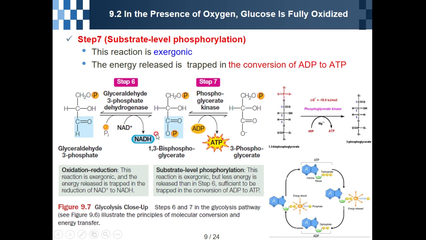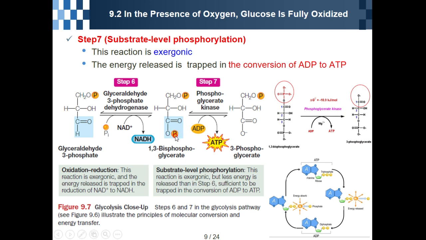Step 7 starts from 1,3-bisphosphoglycerate and goes to 3-phosphoglycerate. For example, this is 1,3-bisphosphoglycerate, which has a phosphate like this. But this is 3-phosphoglycerate, so the phosphate is removed.